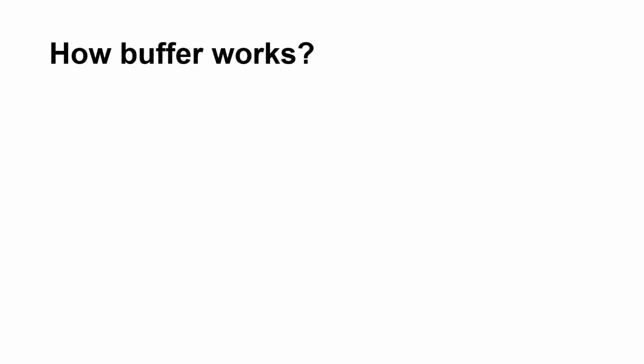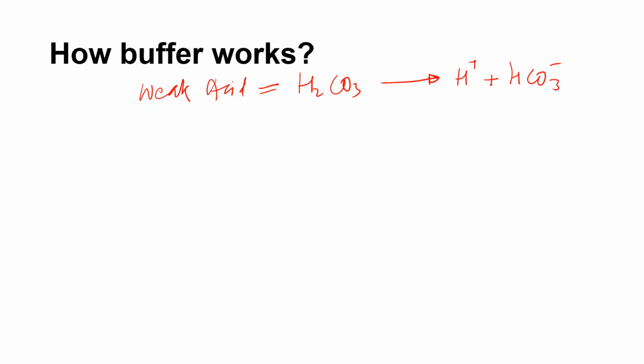In the bicarbonate buffer there is a weak acid, carbonic acid, and we know that it can dissociate into H plus, that is the proton, plus bicarbonate ion, that is the base. The other component is the salt, soda bicarb, and upon dissociation it makes sodium ion and bicarbonate ion.